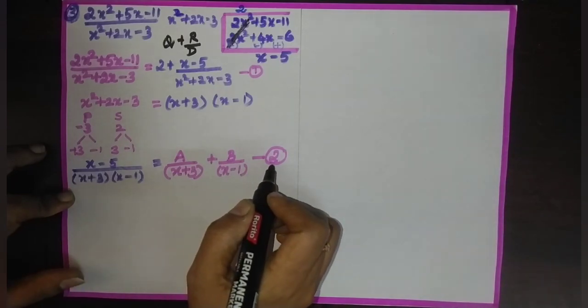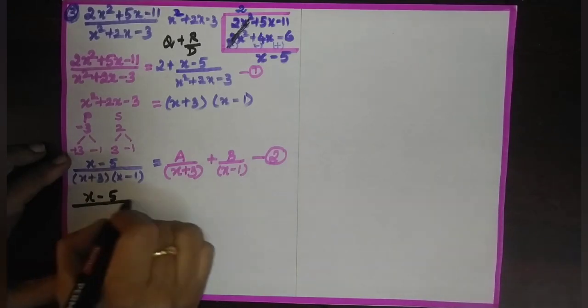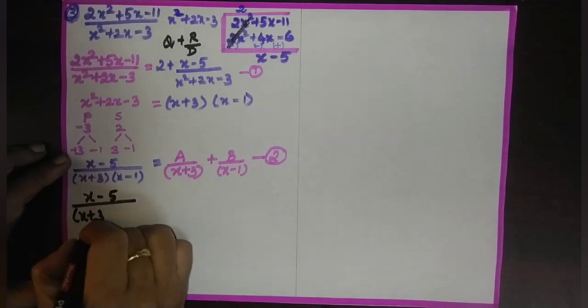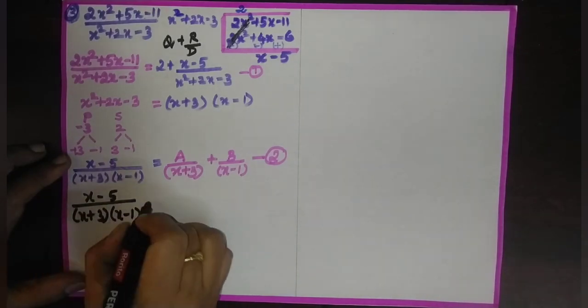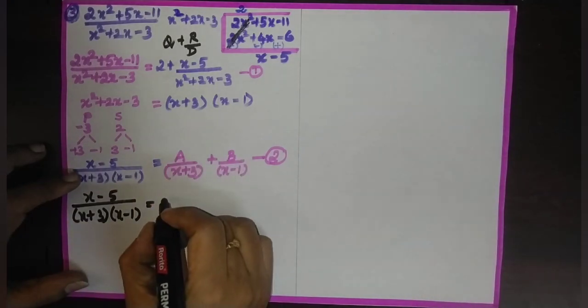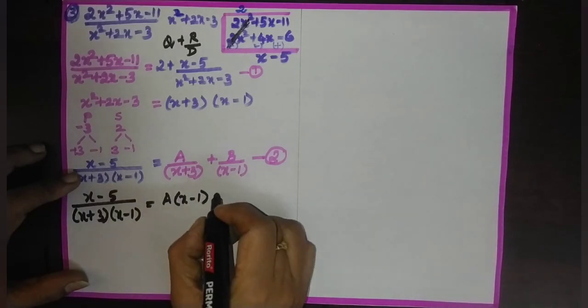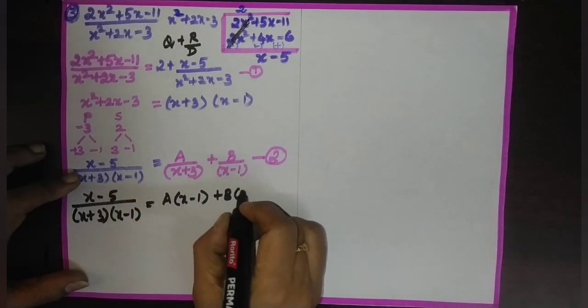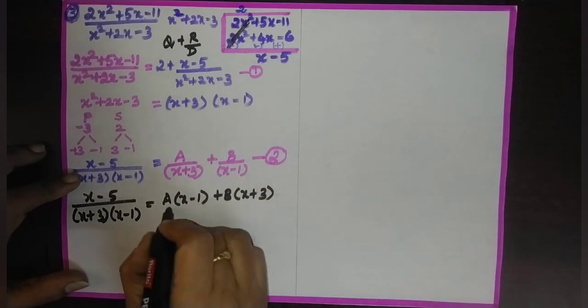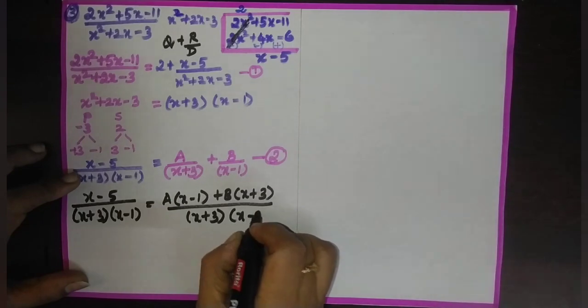Assume this as 2. Now, x minus 5 by x plus 3 into x minus 1. In the right hand side, we are going to take LCM. Then we get a into x minus 1 plus b into x plus 3 divided by x plus 3 into x minus 1.